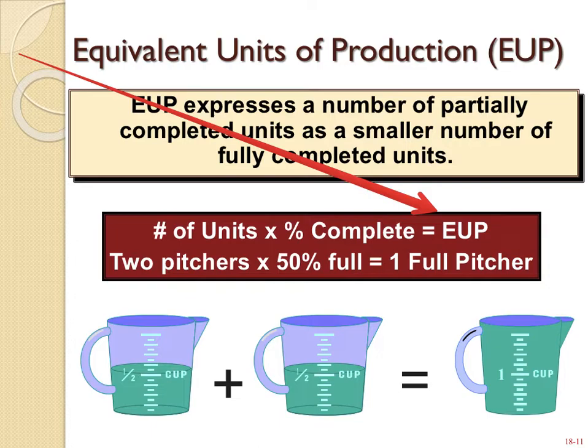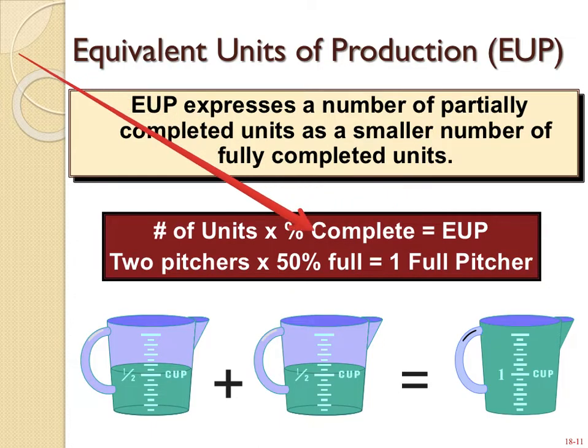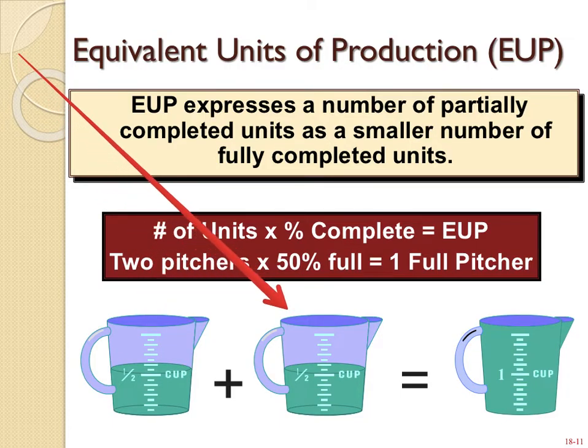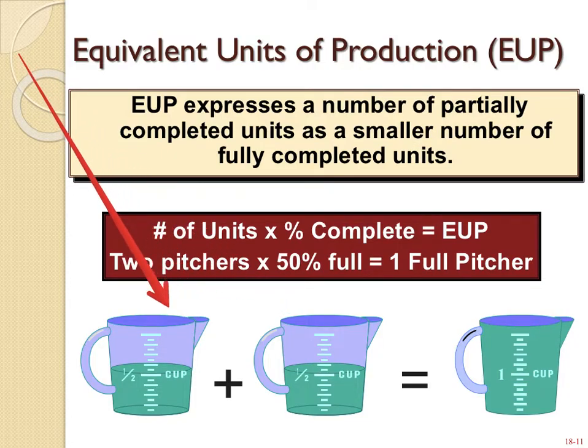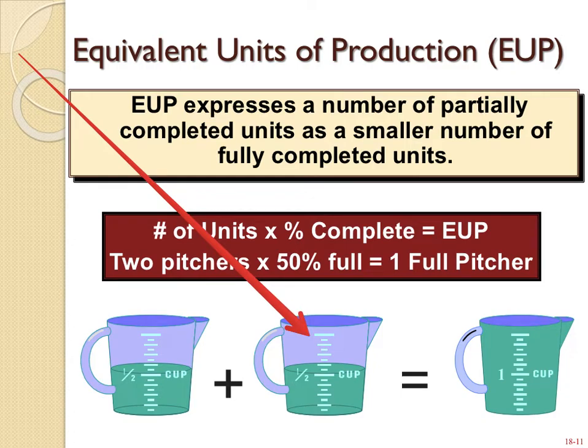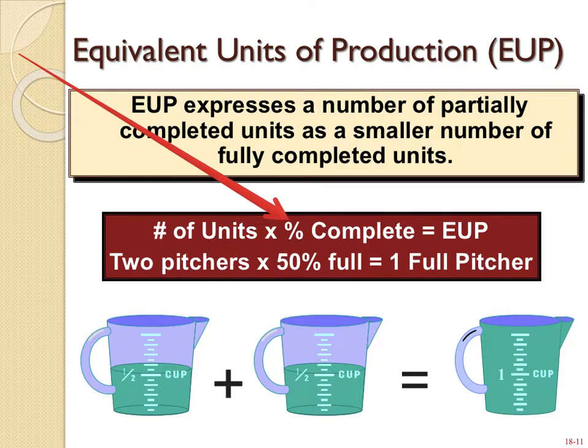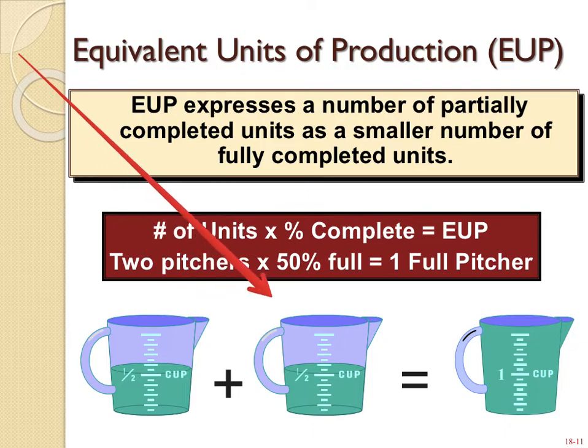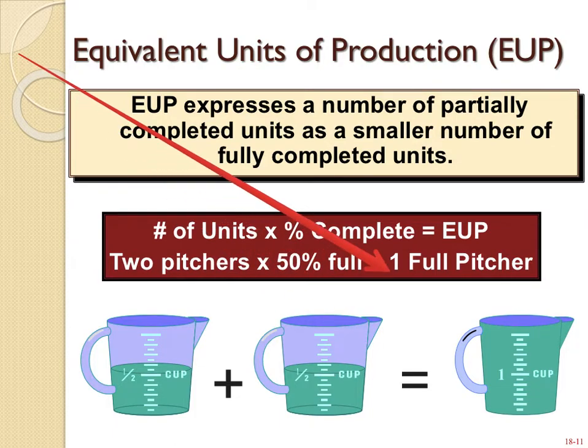So here's, again, a very simple example. If you have 2 pitchers of water that are each half full, your number of units is 2, right? 2 pitchers. The percent complete is 50% because they're each 50% full. So if you multiply 2 times 50%, you get 1.